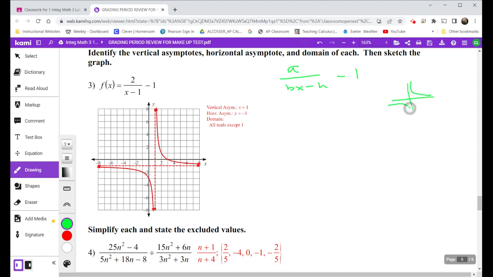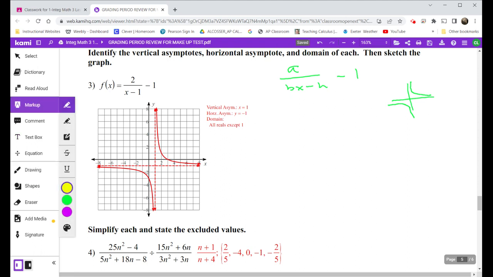We always have vertical asymptotes at 0, and we have horizontal asymptotes at 0. Now, this here moves our vertical asymptotes either left or right. So h moves it left or right.